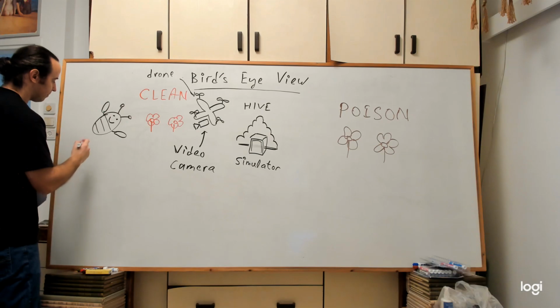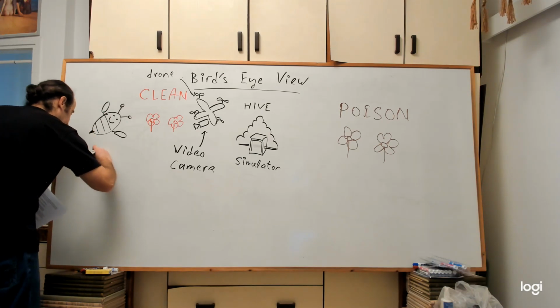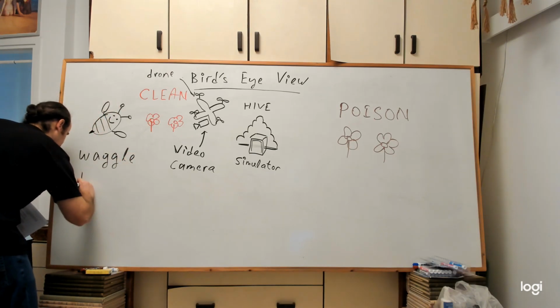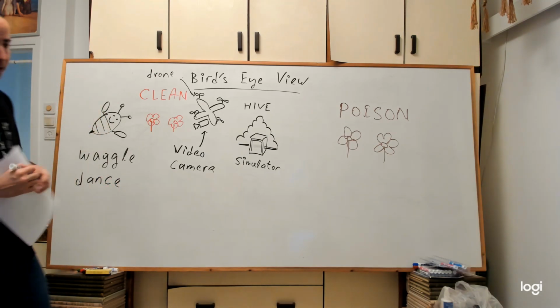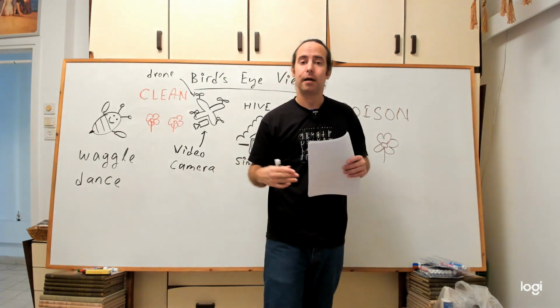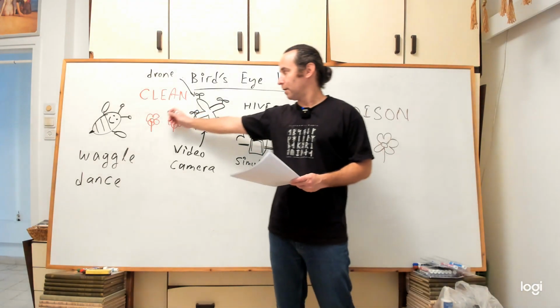The bees have waggle dance, which means they rotate and communicate to their friends, the other bees, how to get to here.